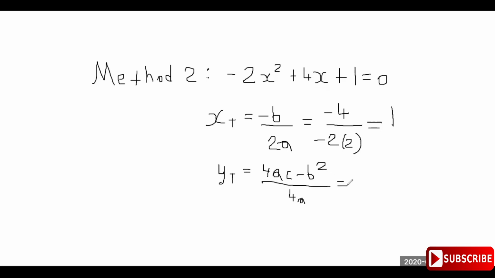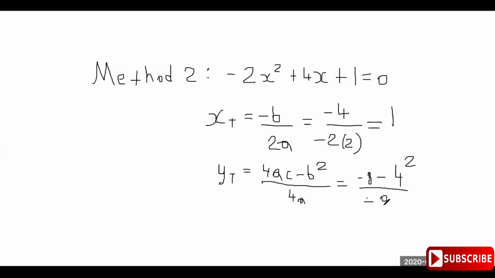So it's equal to 4 times negative 1, which is negative 4 times 1. Wait, 4 times negative 2 is negative 8 times 1, which is negative 8. So I have negative 8 minus b squared, and b in this case is 4, so we have 4 squared, and we're dividing it by 4 times a, which is 4 times negative 2, and 4 times negative 2 is negative 8.